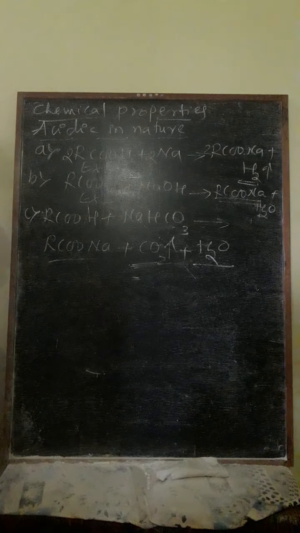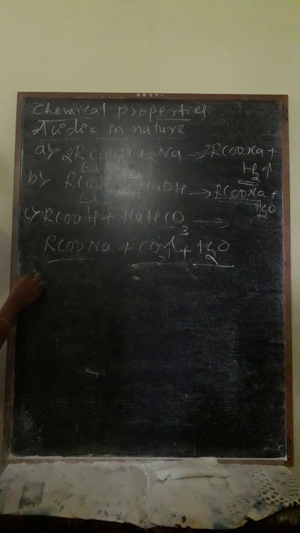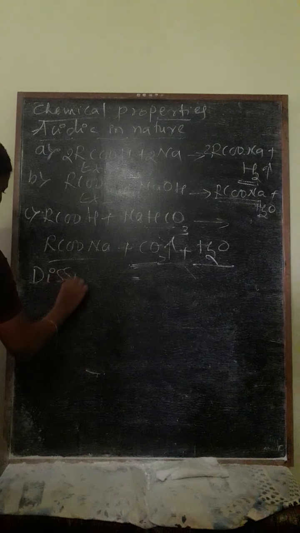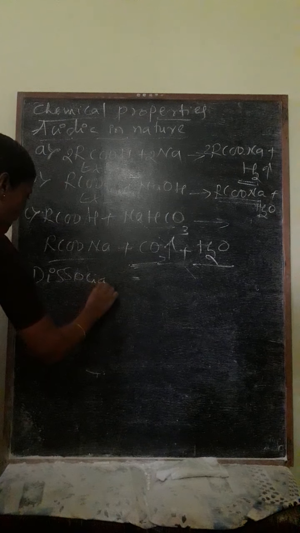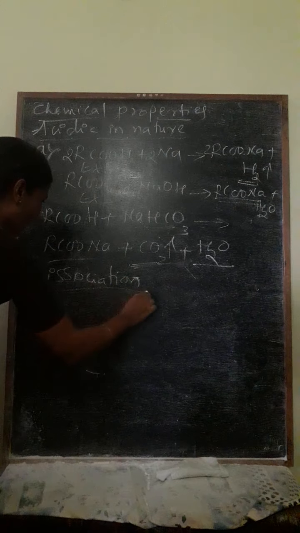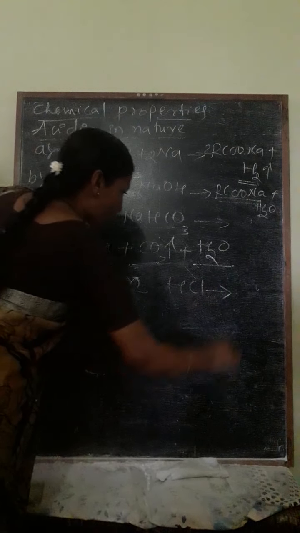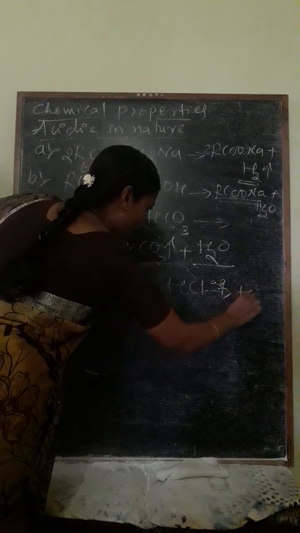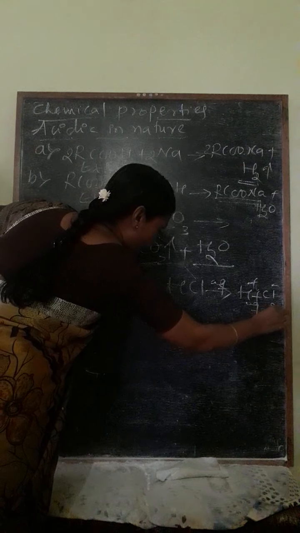Okay. Next, how these carboxylic acids undergo dissociation and how they are stabilized by resonance structure. Dissociation. Definitely, I will take an acid, HCl. It undergoes dissociation in aqueous media, forming the products H plus and Cl minus, both aqueous.